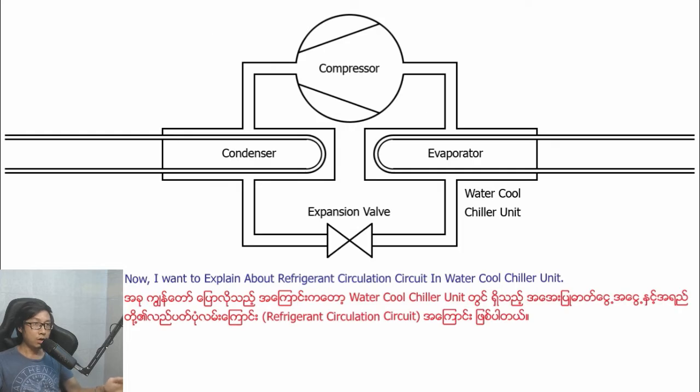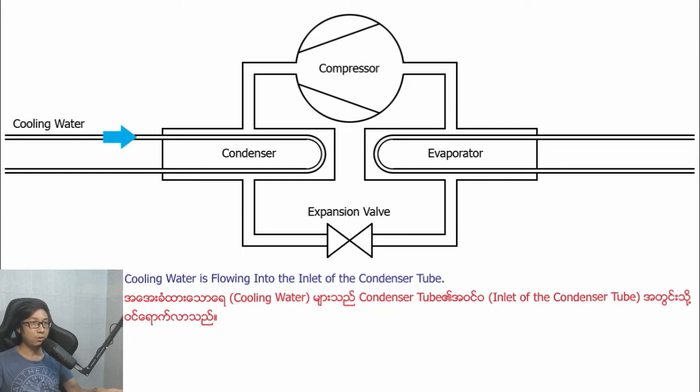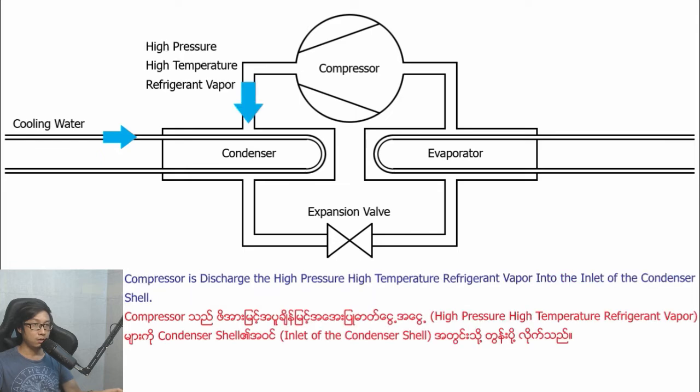Now, I want to explain the refrigerant circulation circuit in the water-cooled chiller unit. Cooling water flows into the inlet of the condenser tube. The compressor discharges the high pressure, high temperature refrigerant vapor into the inlet of the condenser shell.